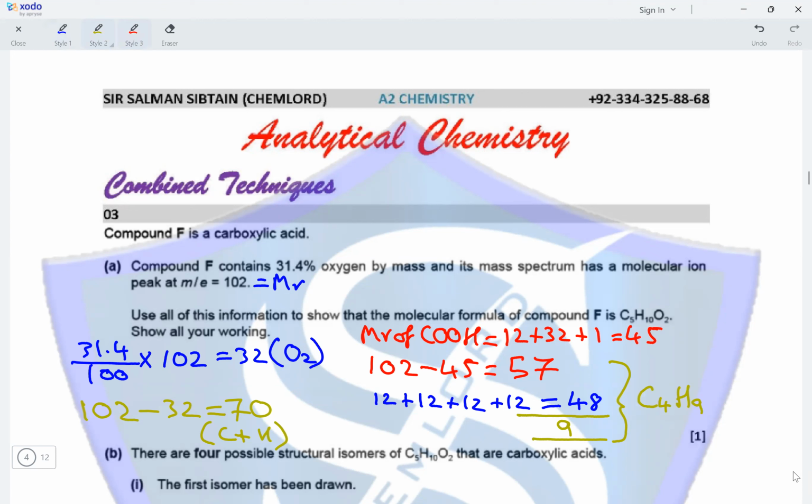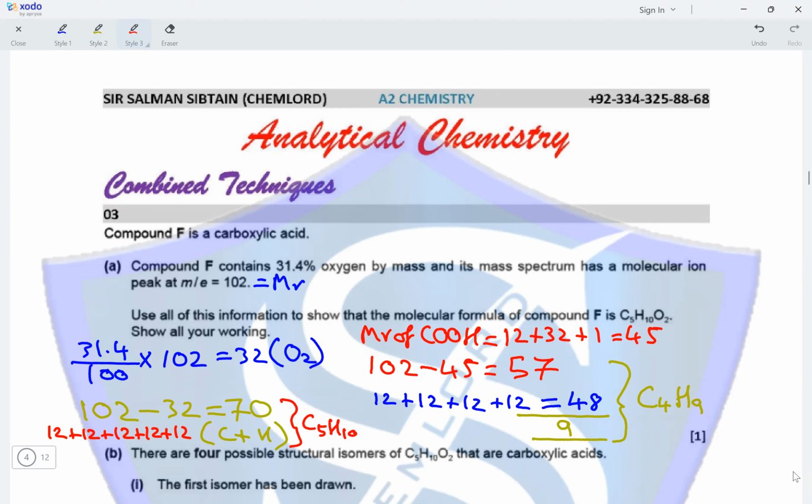And doing the same calculation for C and H, if we got 70 as the mass of carbon and hydrogen, that would be 12, 24, 36, 48, and 60. And we subtract 60 from 70, we end up with a value of 10 for hydrogen, because there are 5 carbon atoms present, each having a mass of 12.